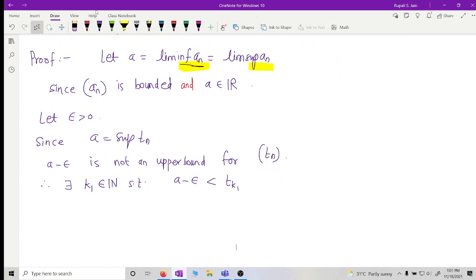Because it is not an upper bound. A minus epsilon is not an upper bound, meaning there exists some term of that sequence which is greater than A minus epsilon, say t_k1.